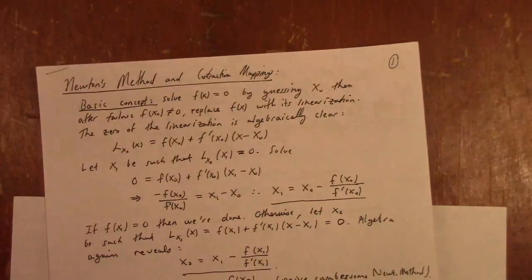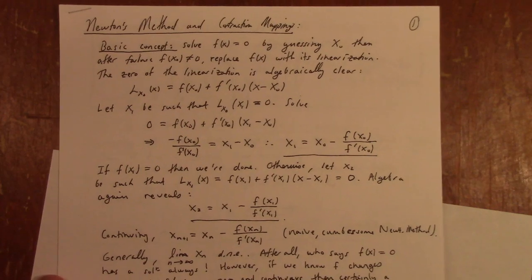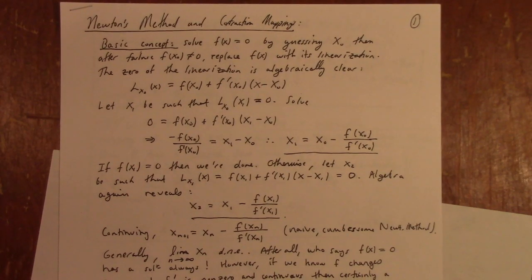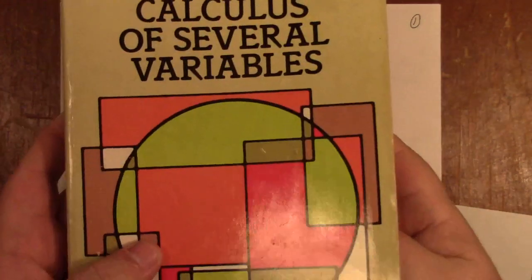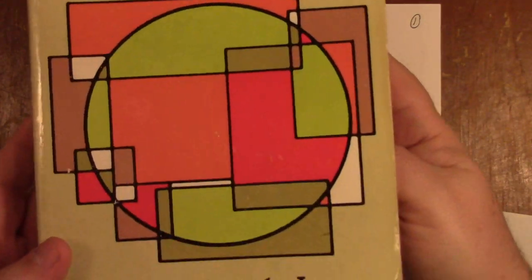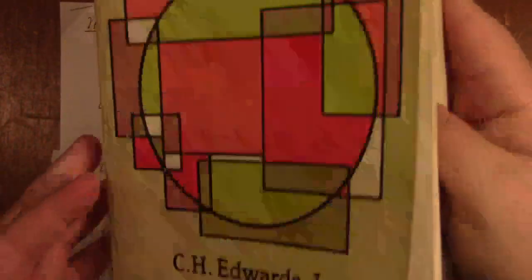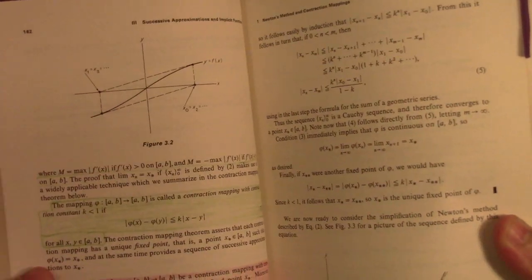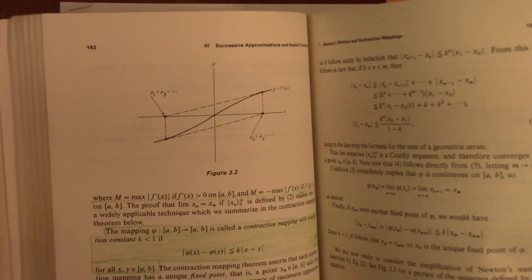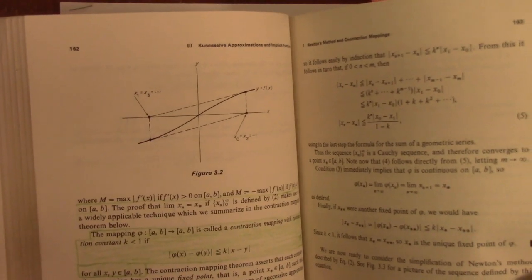So, switching gears a little bit, this right here is a couple pages of notes I wrote up on Newton's method and the contraction mapping, because I think that's the first application you ought to see. This is taken from Advanced Calculus of Several Variables by C.H. Edwards, Jr. In particular, I'm looking around page 162-ish.